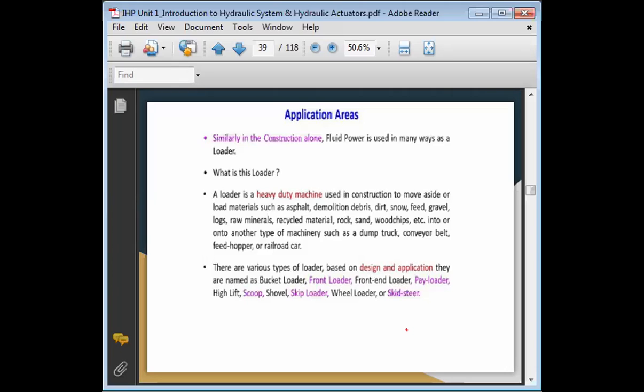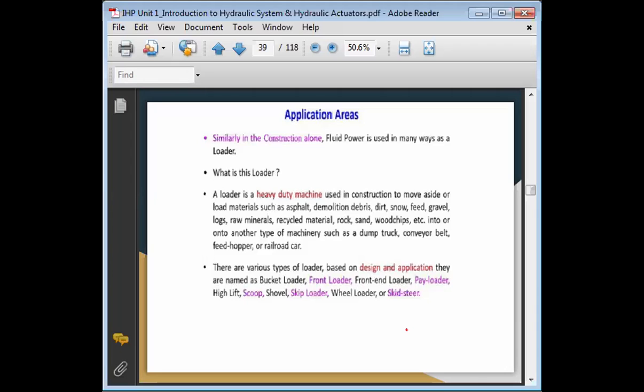Now the question arises, what is this loader? Here I have written the definition also. A loader is a heavy duty machine used in construction for what purpose?